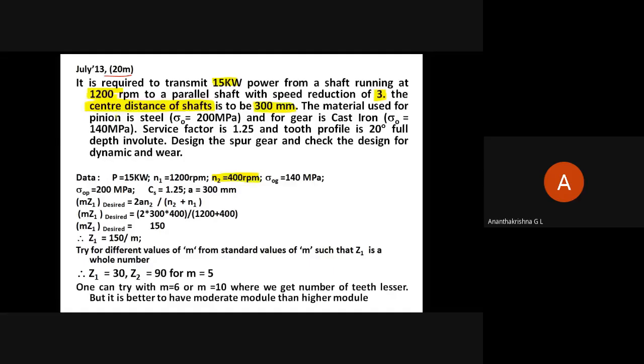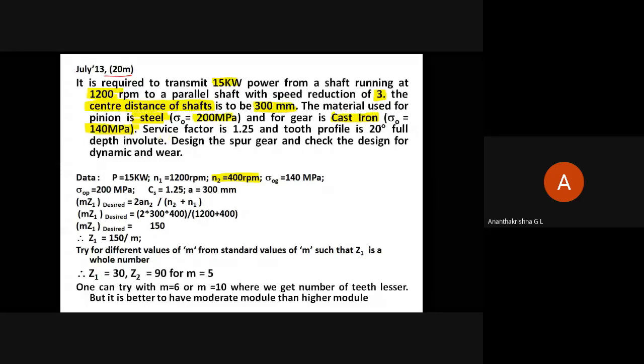The material used for pinion is steel with allowable static stress of 200 megapascal, and for gear it is cast iron. So it is the steel and cast iron category, which is useful in table 12.12 while taking the dynamic factor C. For gear, the allowable static stress is 140 megapascal.